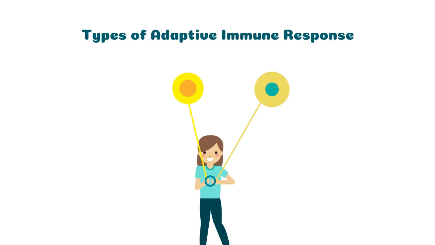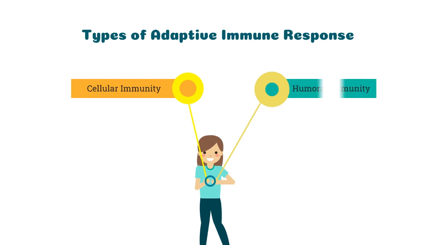So we have mainly two types of adaptive immune responses. First one is the cellular immunity, also known as cell-mediated immunity, and we have the humoral immunity, which is also known as antibody-mediated immunity. And from its name, we can say that the cellular immunity, or cell-mediated immunity, is mainly provided by immune cells.